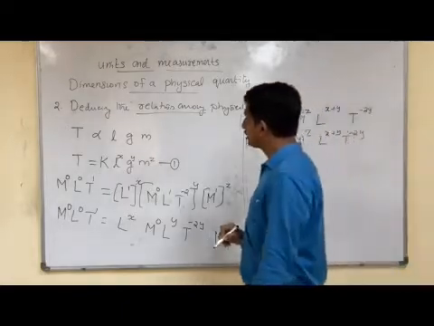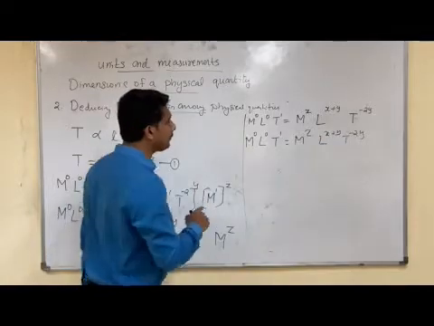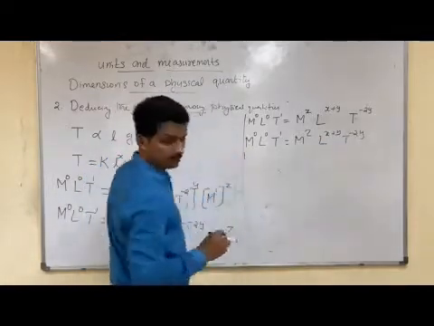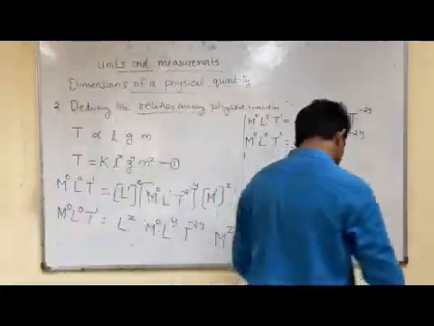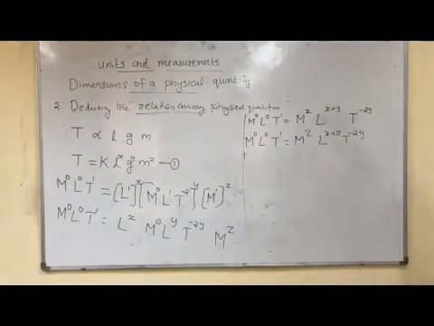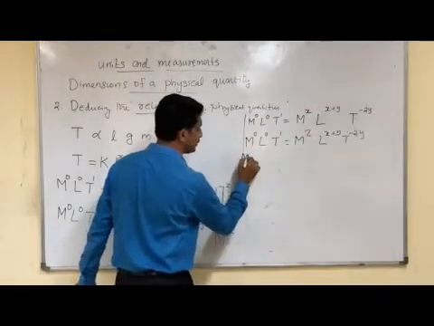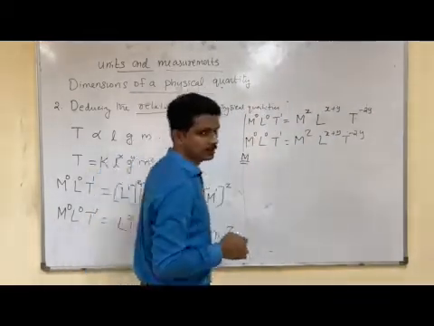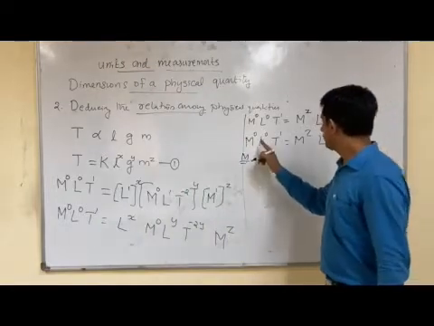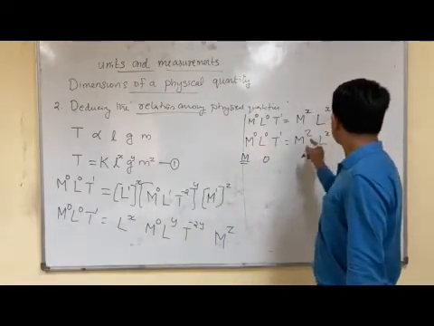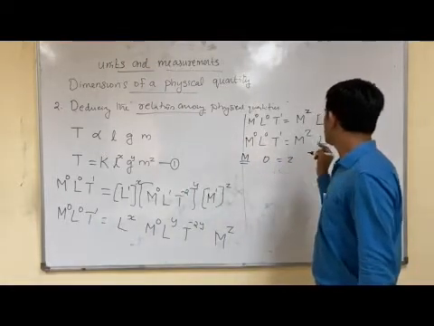Now what we are going to do is get the power of M from both the sides. You can see that the power of M we are getting from both the sides, M, that means a 0 only. Here it is z, so we get 0 as z.